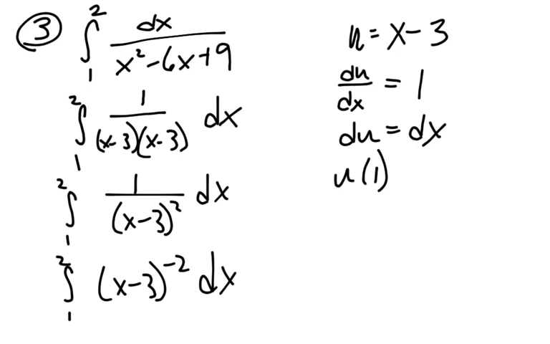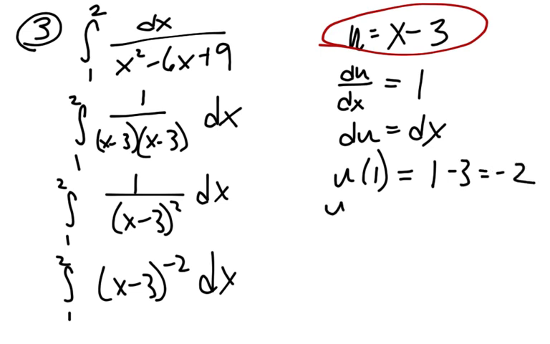u of 1 is, for our lower limit, plug the 1 into the x place in our u equation. 1 minus 3, which is negative 2. And u of 2 is 2 minus 3, which is negative 1.